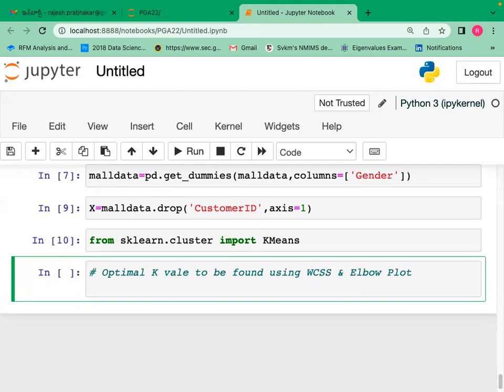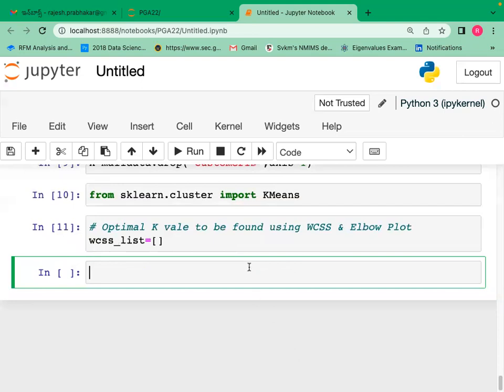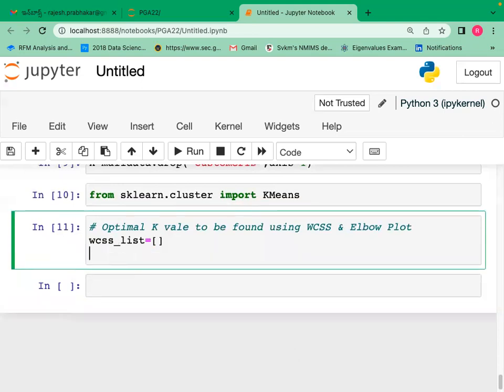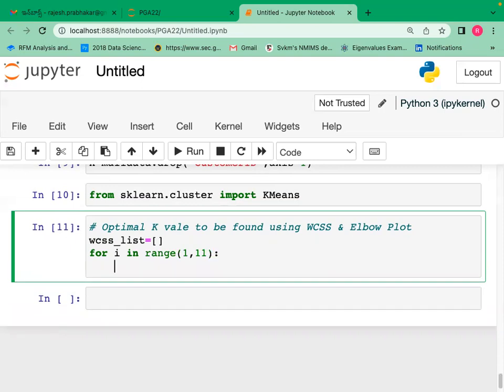So we are trying to find out. WCSS underscore list is equal to an empty list. For i in range of 1 comma 11 colon. That means we are trying 1 cluster to 10 clusters.